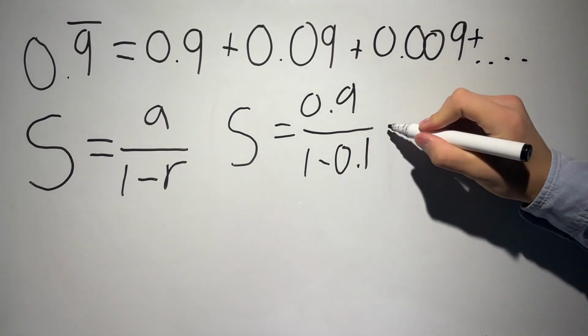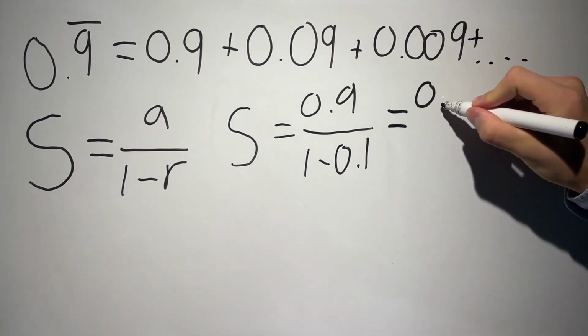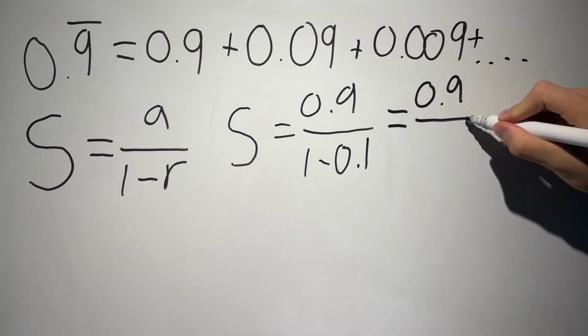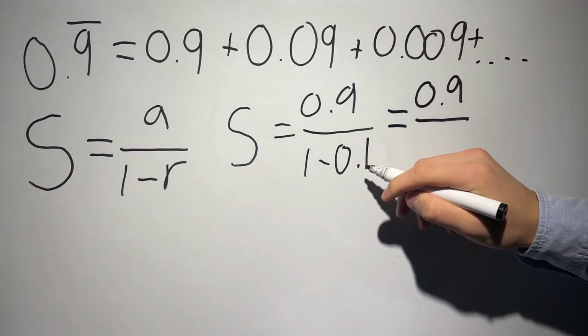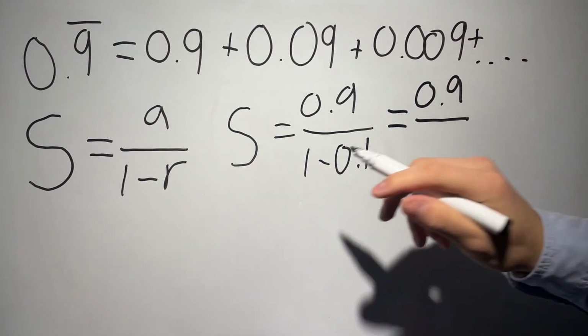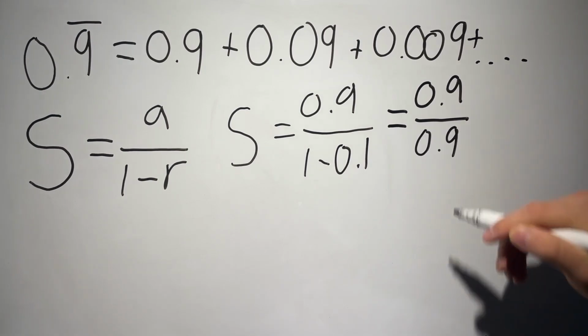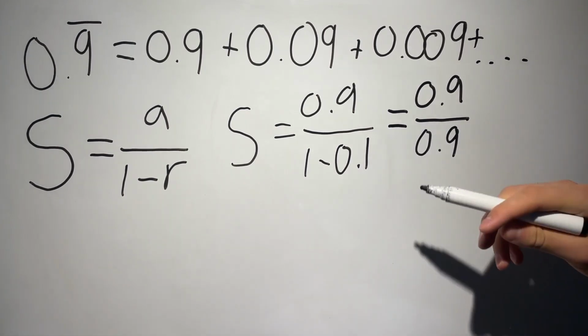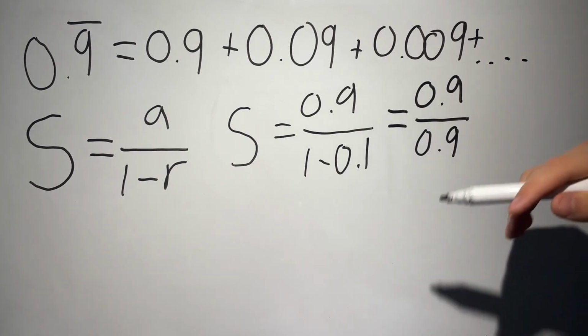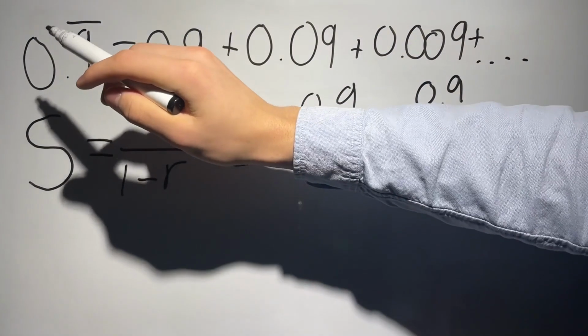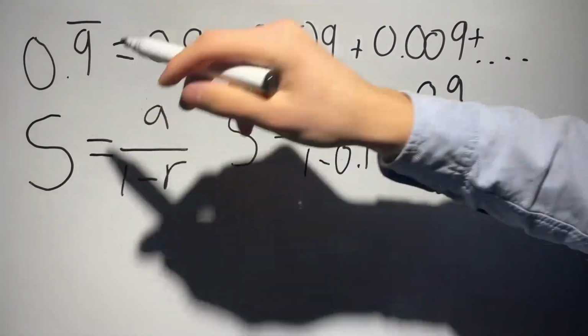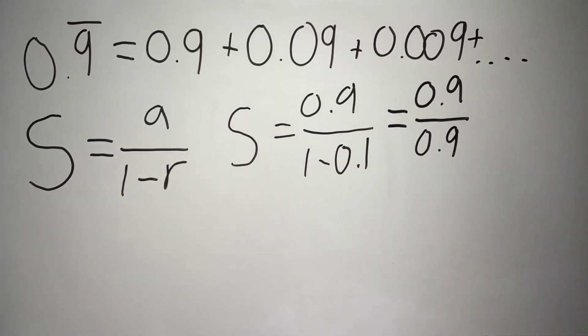This gives us 0.9 over 1 minus 0.1. Hold up, what is 1 minus 0.1? It's 0.9, right? So the sum of the infinite series is equal to 1. This means that 0.9 repeating actually equals 1.